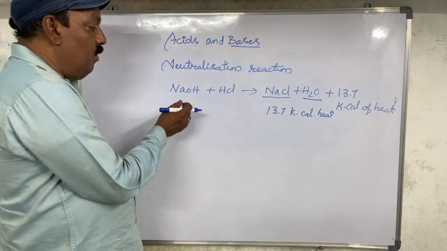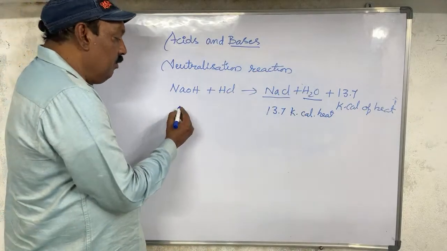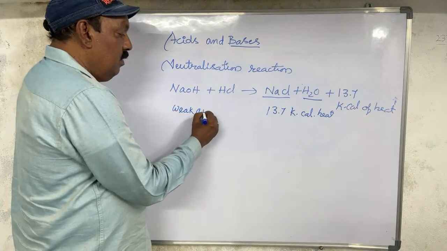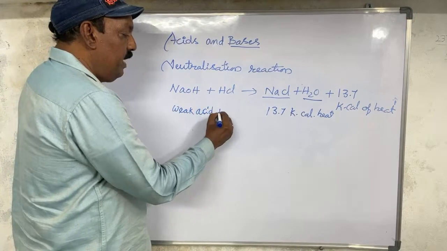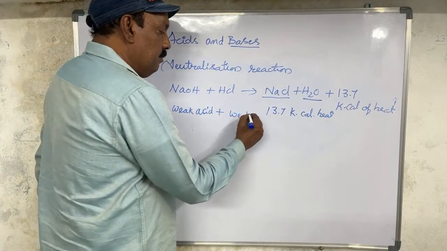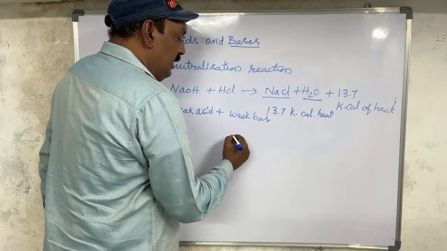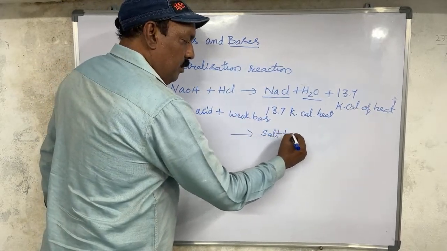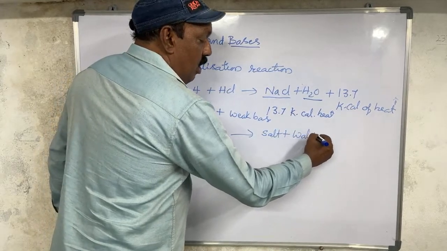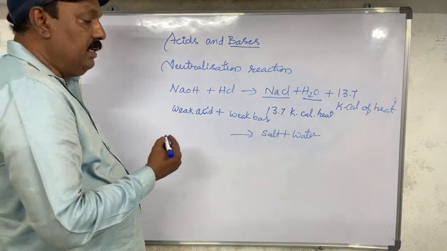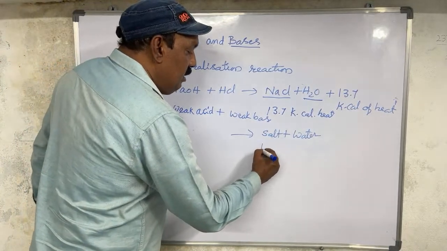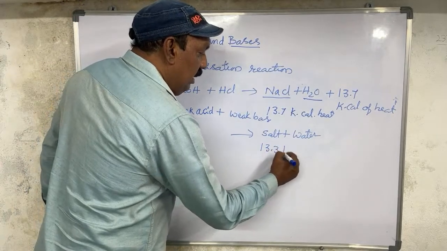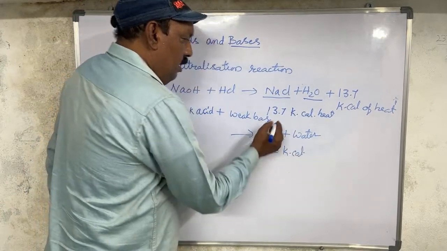One more thing is, whenever you are reacting weak acid plus weak base, here also you are getting salt and water, and here also heat is going to be released, but that is 13.3 kilocalories of heat, not 13.7.